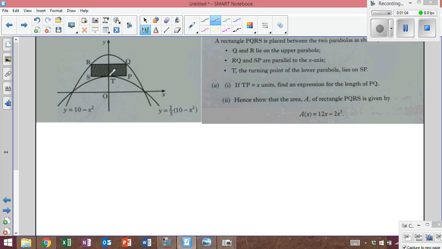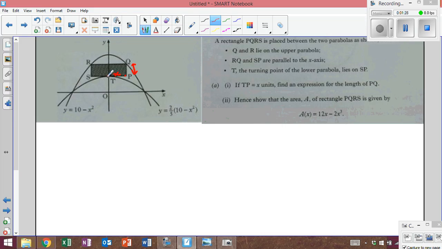So from this point to this point is x, and we're looking for an expression for the length of PQ. Now the key point here is that Q lies on that curve, which is y equals 10 minus x squared.